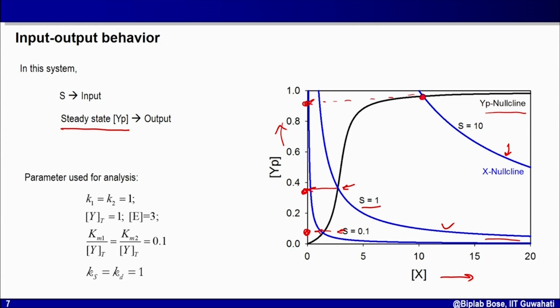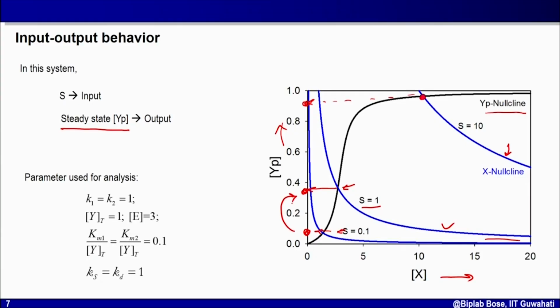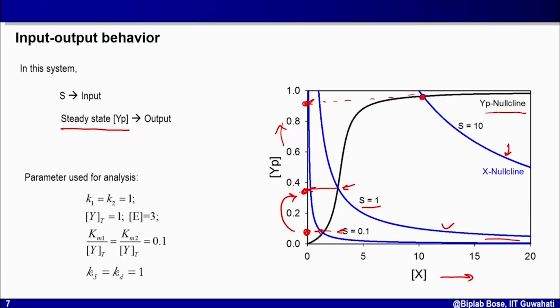So when I changed S from 0.1 to 1, 10 times, I changed from here to here. But when I change from 1 to 10, another 10-fold change in signal, I have a rapid change in YP to a very large value.